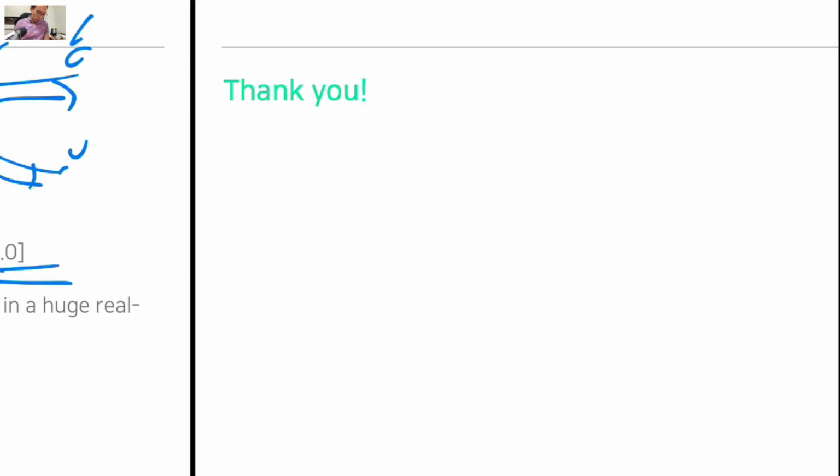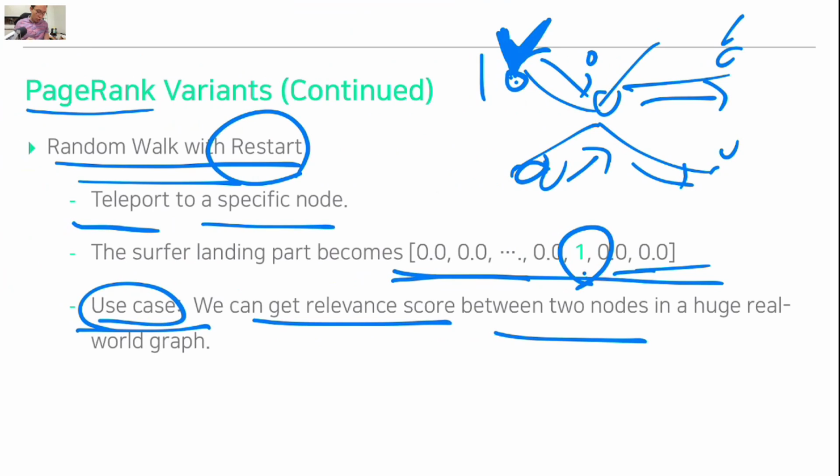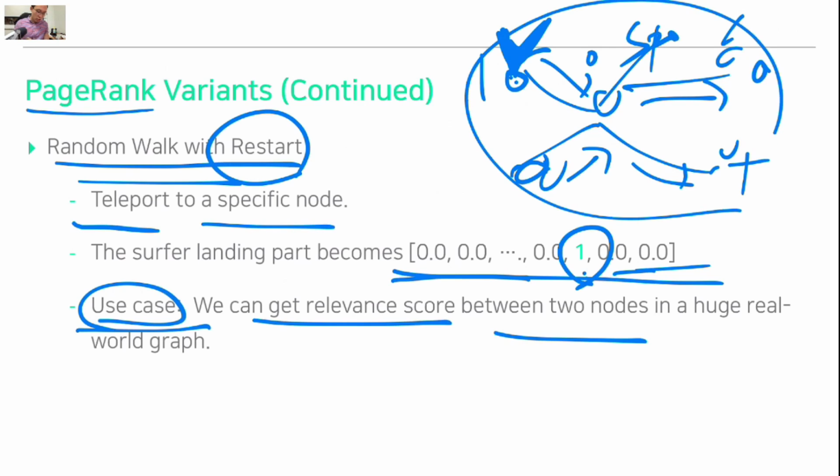So maybe when you construct the word graph, right? The sports, Son Heung-min and Tottenham, you can construct some word cross graph. You may get some relevant score using the random walk with restart, and that is the application. And this has been used for many natural language processing papers as well. Maybe not anymore, because of deep learning.